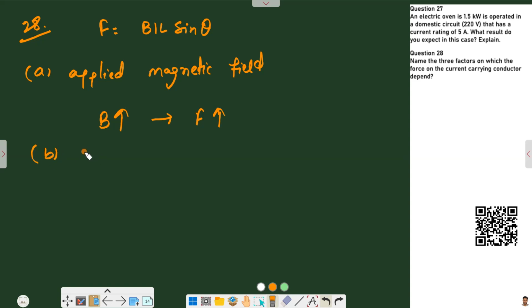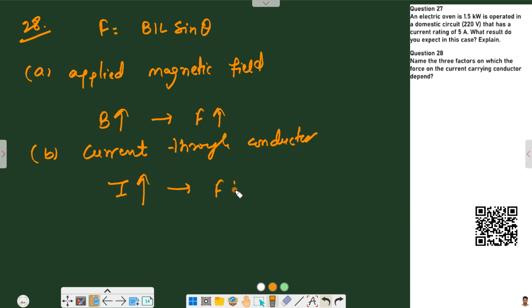Second is current through conductor. How will it affect? If value of current increases, then value of force also increases. And third is length of conductor.